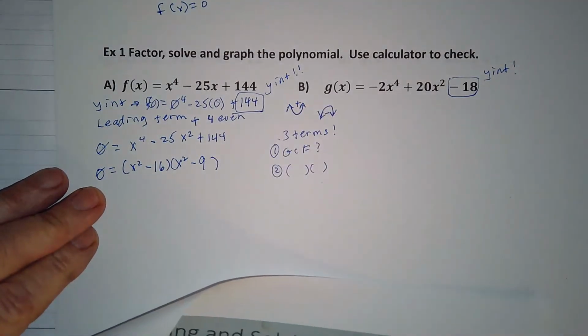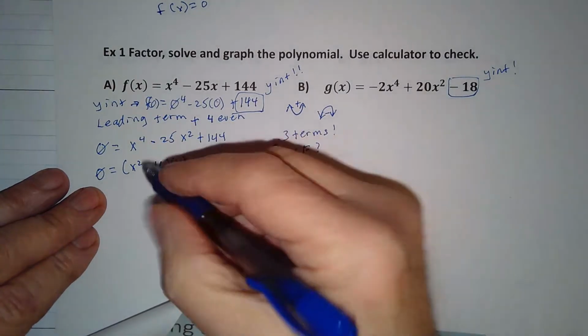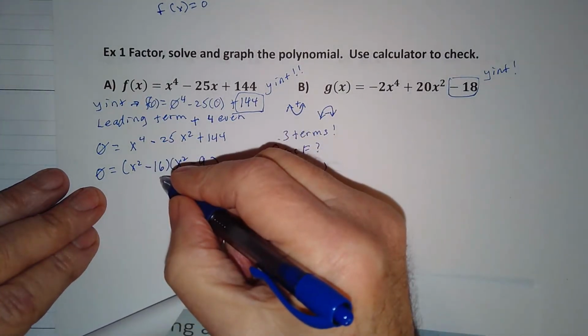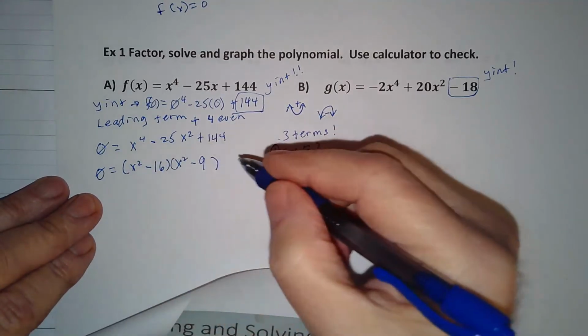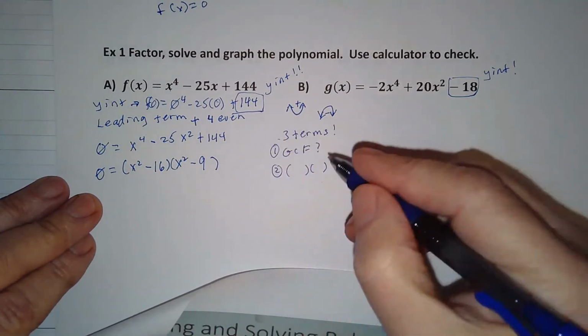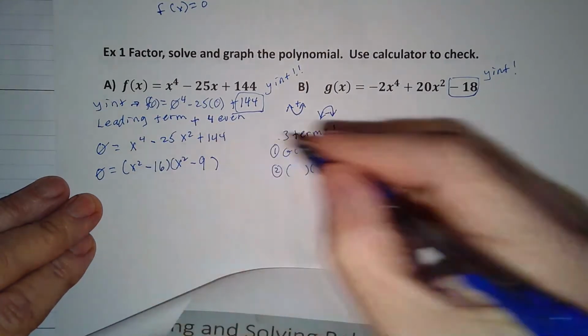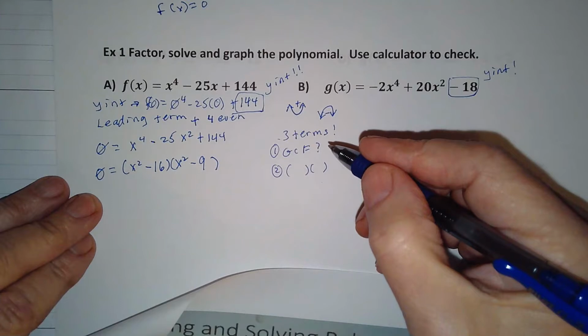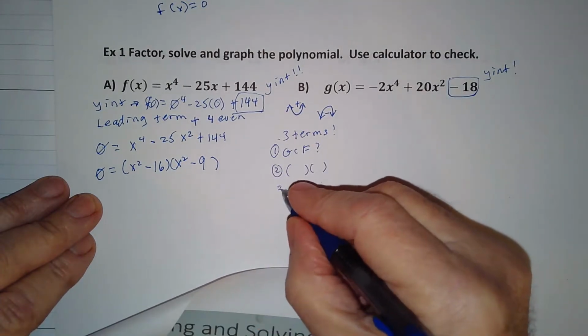All right, and so then let's go ahead with the x squared minus 16, and let's just double bubble that. So we're going to double bubble that. And so obviously you can factor more. So let me write that down, factor more.